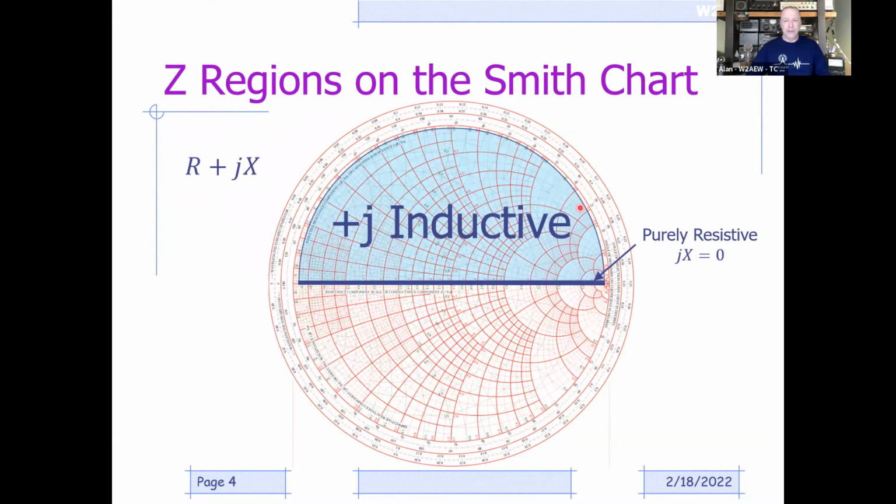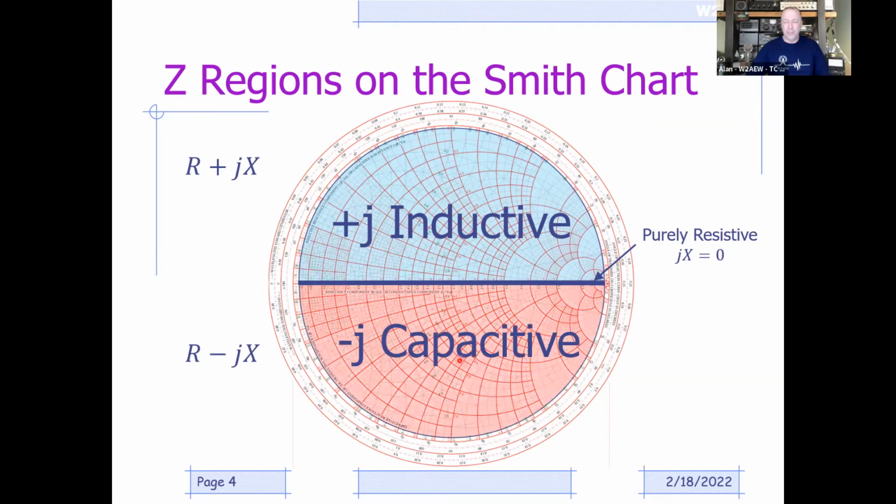Anything above that, the upper hemisphere, represents inductive reactance. If the reactive portion of the complex impedance is inductive, it's going to be shown somewhere on the top half of the Smith chart. Conversely, capacitive reactance is going to be down below.